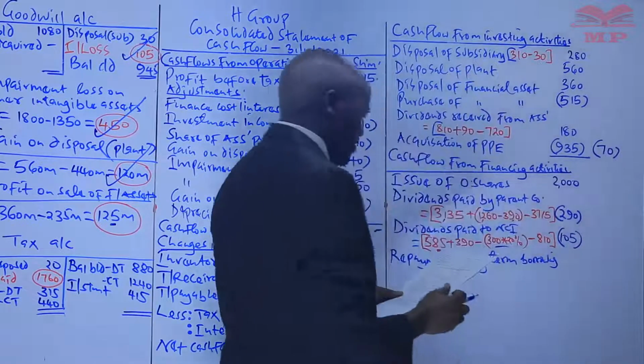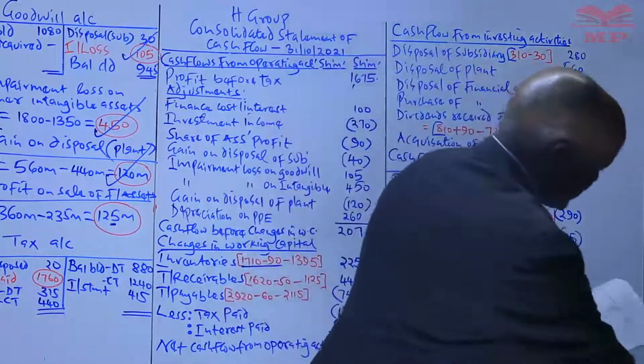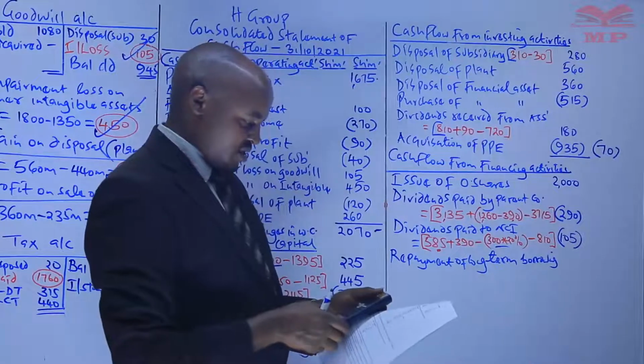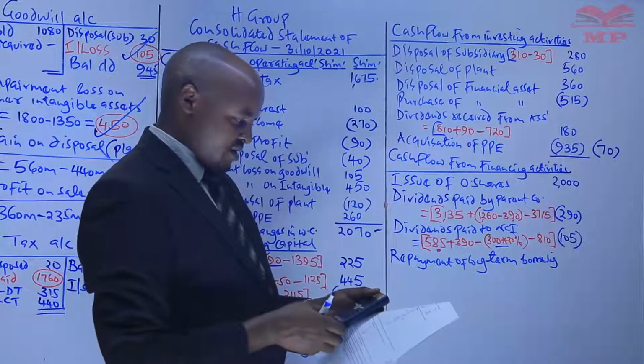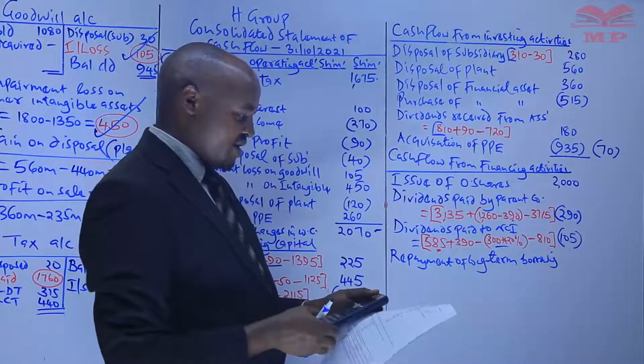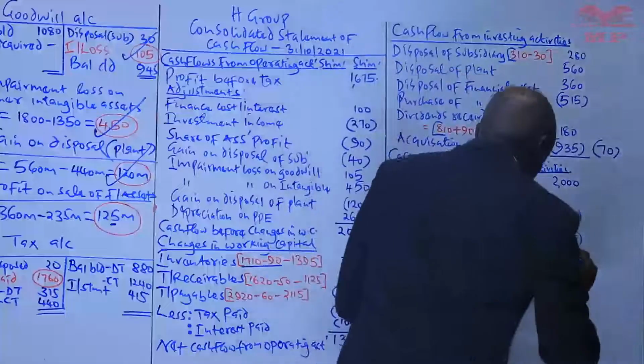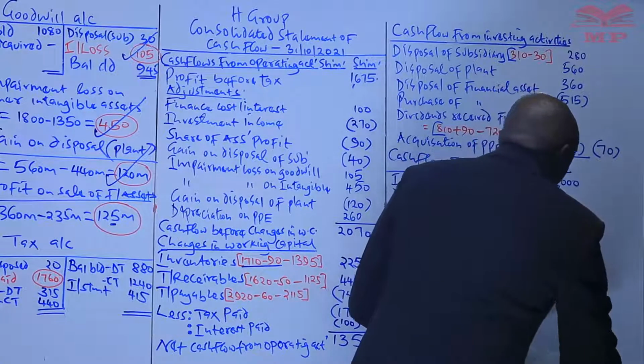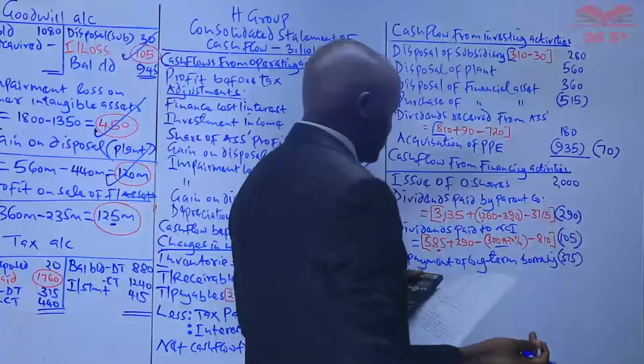So we have a decrease of what? A decrease from 610 to 235. 610 minus 235 gives a repayment of 375, which is a cash what? Outflow.